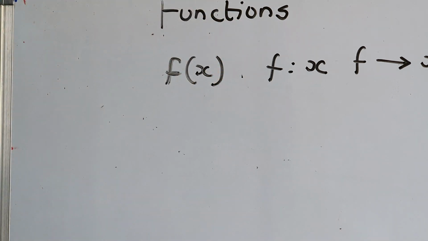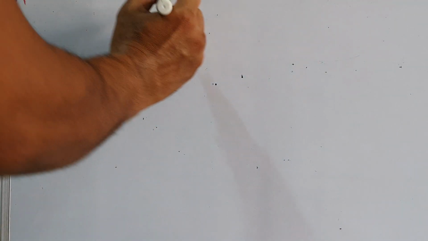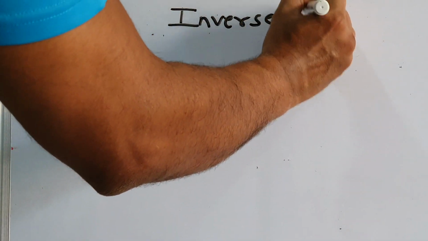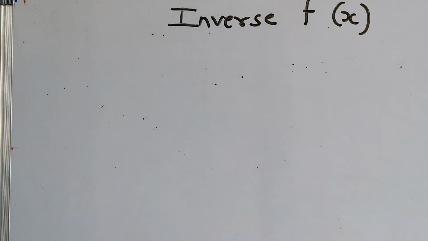Now let us come to the second part, which we have already learned in checkpoint, that is inverse. Inverse of a function is written as f inverse of x. Remember, my dear students, this is how we write inverse.